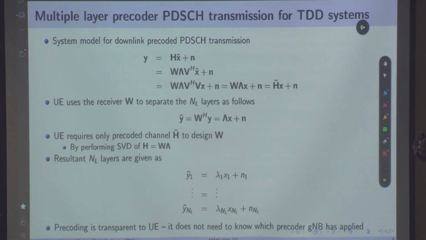But to do SVD, you need this kind of processing power at the base station. It requires a lot of horsepower. If your base station is designed such that it does not have that kind of processing power, it is not a fancy base station, so you will never be able to do this kind of processing.